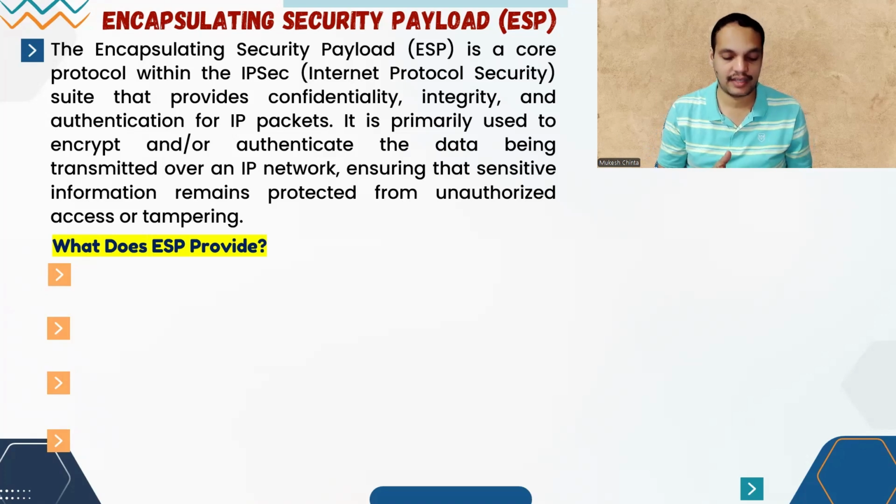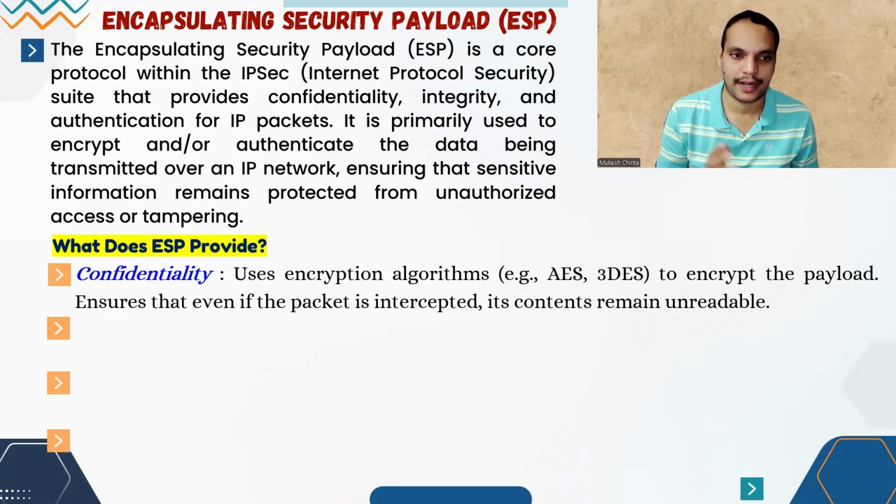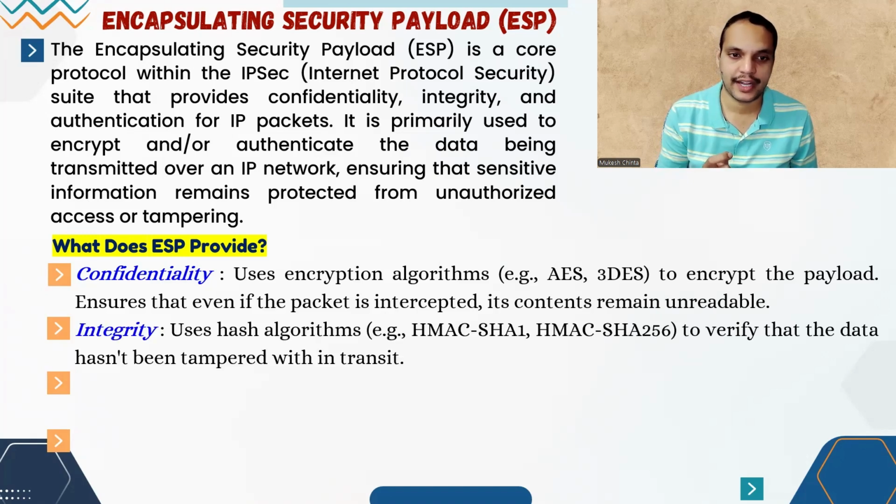But to categorize its services, the first thing is it does provide confidentiality. You know by now, confidentiality ensures that your sensitive information is not visible to unauthorized users or third parties. That is what confidentiality does. Now, it does provide integrity.